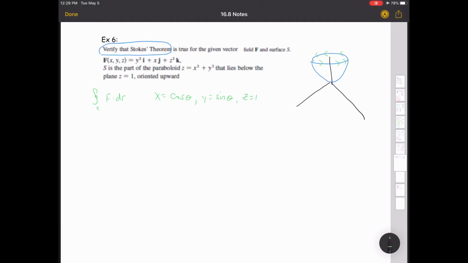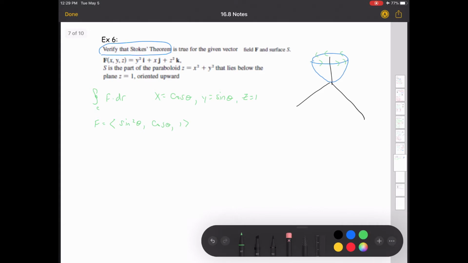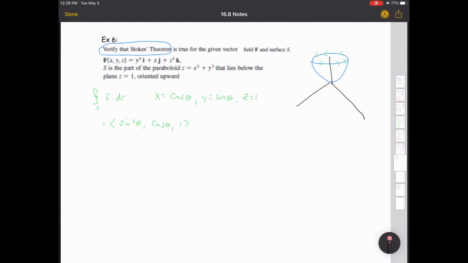So now we're going to need to parameterize F. So F parameterized, let's see, y squared is going to be sine squared, and x is going to be cosine, and z squared is just 1. And I'm going to make sure I stay proper notationally there.